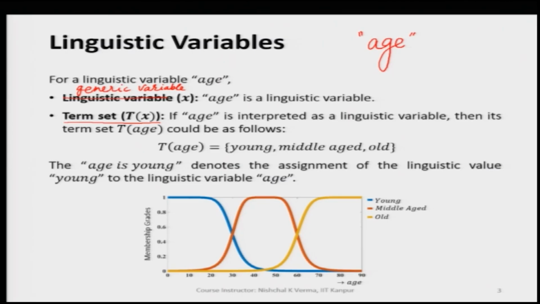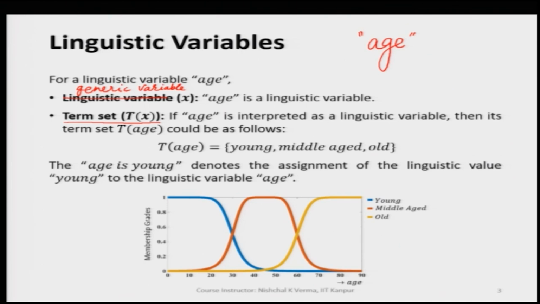Every linguistic value is represented by a particular fuzzy set, and since age is a linguistic variable, the term set for age can be, in this case, young, middle aged, old.